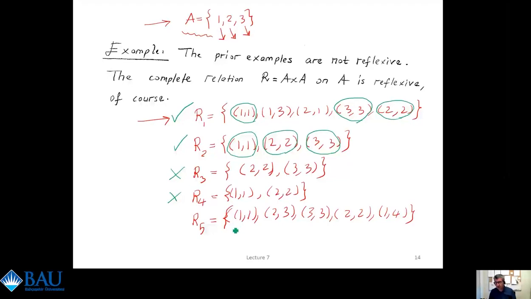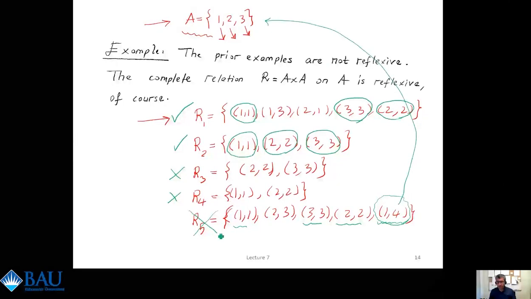We know that we have a 1, 1. We know that we have a 2, 2. We know that we have a 3, 3. But this is not reflexive. Why it's not reflexive? Because R5 is not a relation. Why it's not a relation? For example, look at this point, 1 and 4. Do we have a 4 here?